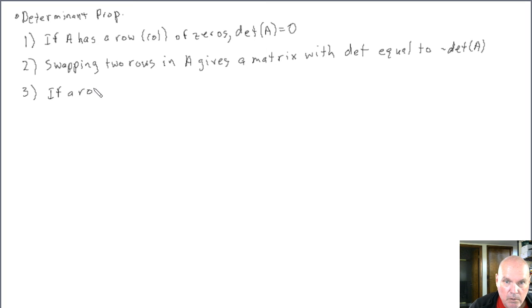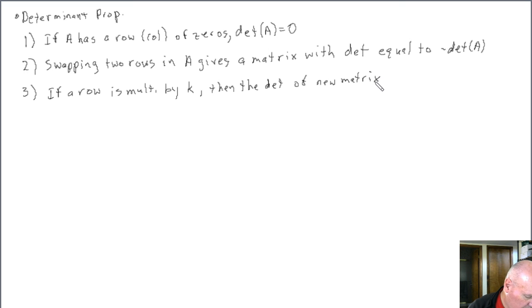If a row is multiplied by a constant k, then the determinant of the new matrix is k times the determinant of the original matrix.